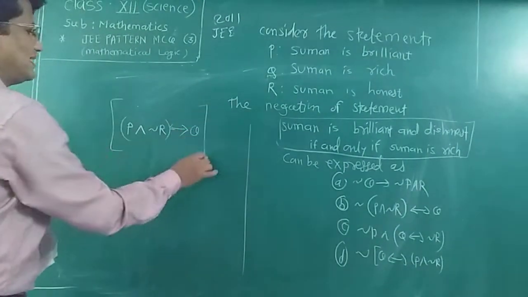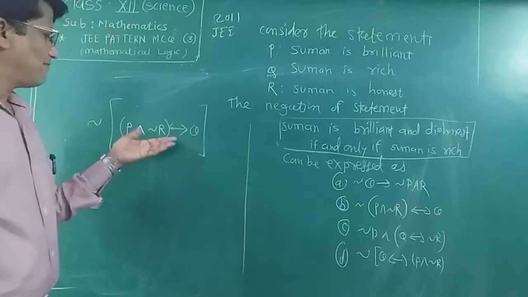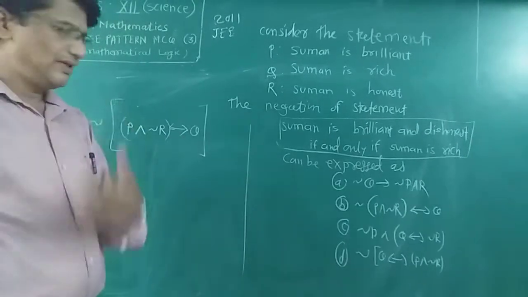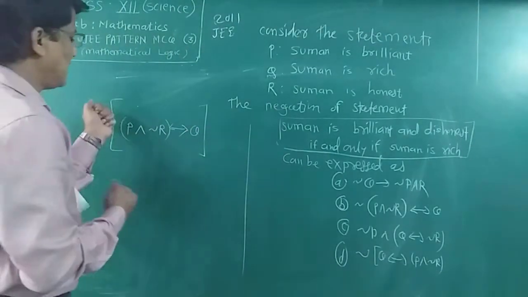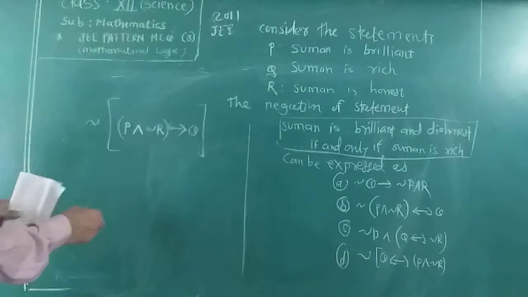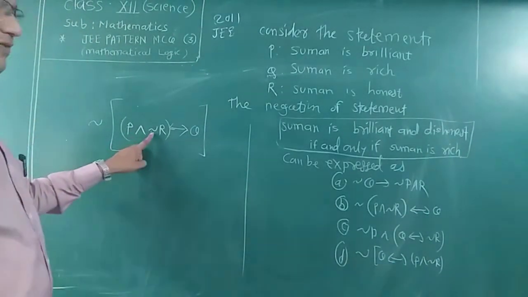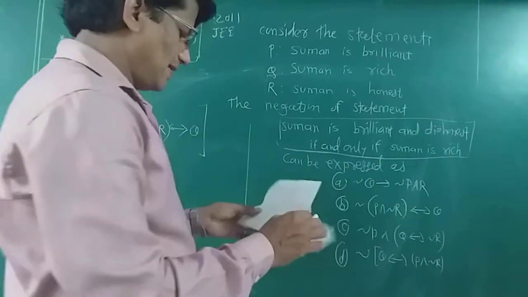Use a square bracket and a negation, and this is totally mathematical form. From this onwards, we can use our basic rules. See here, outside this there is the double implies, if and only if. What was the rule for this? Rule for double implies.